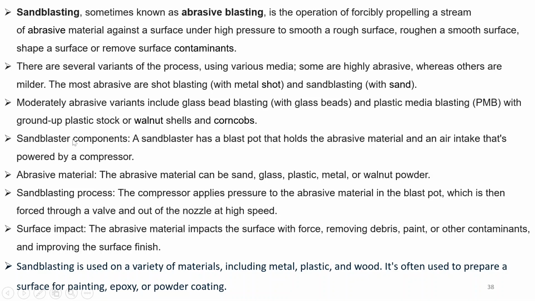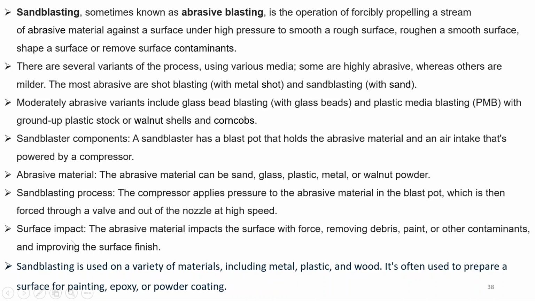The sand blaster components: a sand blaster has a blast pot that holds the abrasive material and an air intake that's powered by a compressor. The abrasive material can be sand, glass, plastic, metal, or walnut powder. In the sandblasting process, the compressor applies pressure to the abrasive material in the blast pot, which is then forced through a valve and out of the nozzle at a high speed.